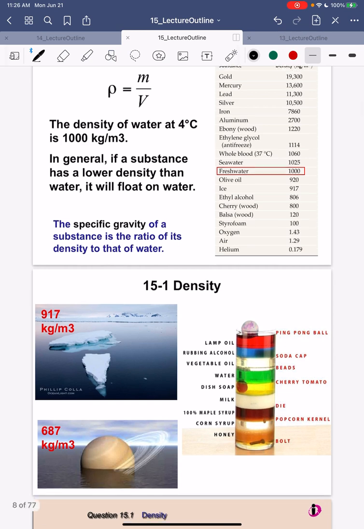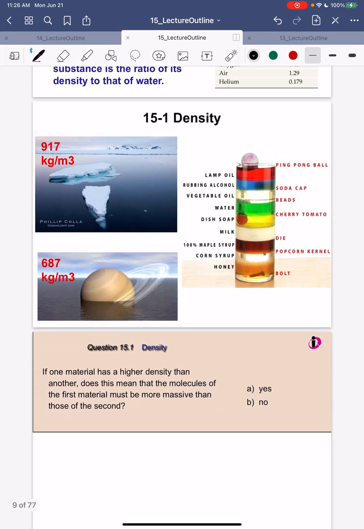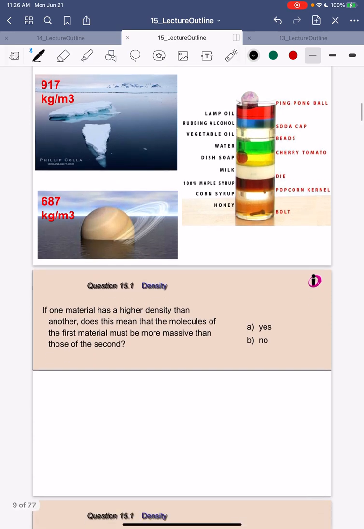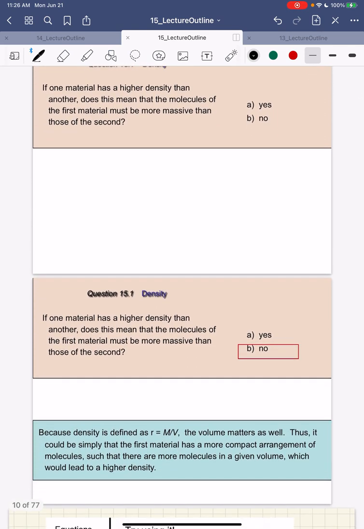All right. Here we are talking about different densities and the range. Okay, if one material has a higher density than another, does this mean that the molecules of the first material must be more massive than those of the second? Of course not, because as I said, it depends on the volume.